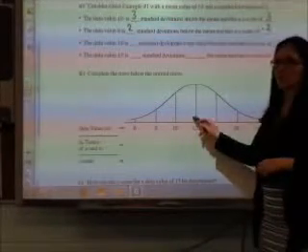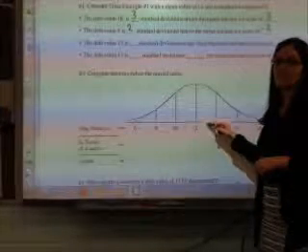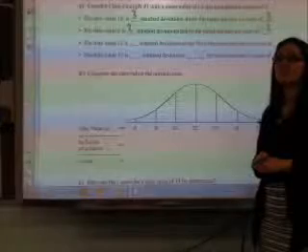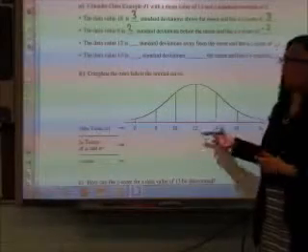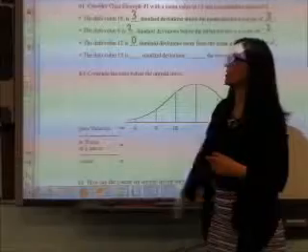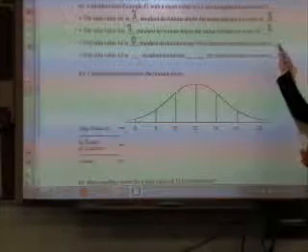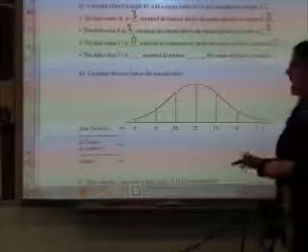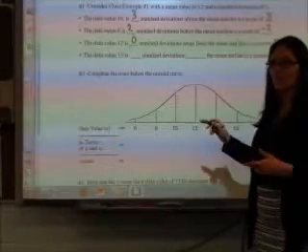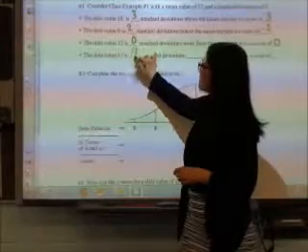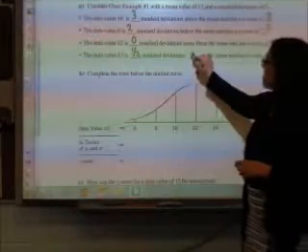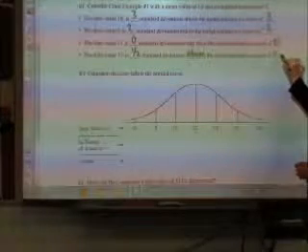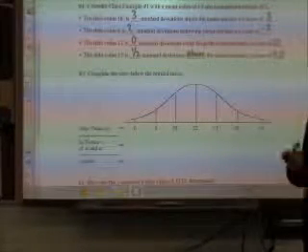How many standard deviations is 12 away from the mean? Pardon? 0, because it is the mean. So it is no standard deviations away from the mean, so its z-score would be 0. And then 13, as we talked about before, is half a standard deviation above the mean, so the z-score would be 0.5, or 1/2.